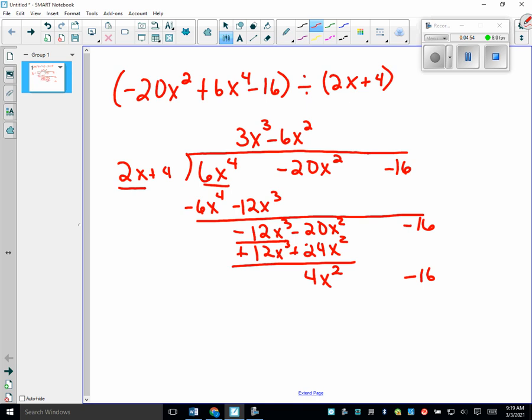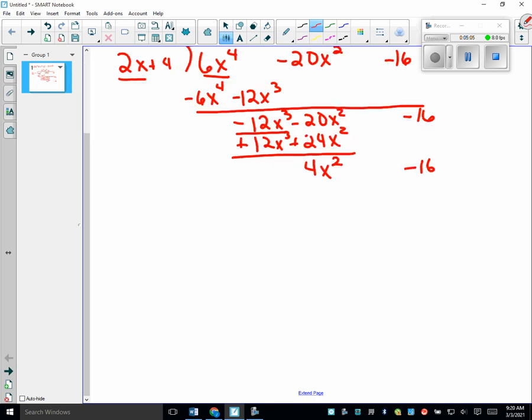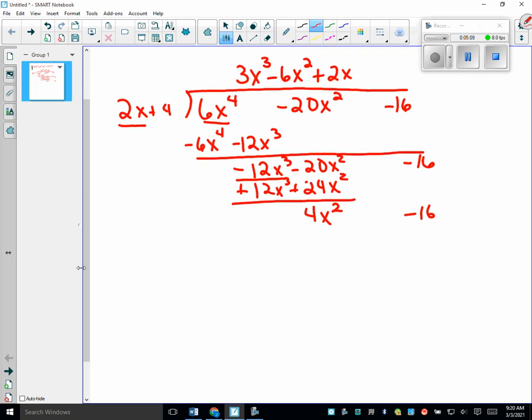Okay, what do I multiply 2x by to get 4x squared? 2x? And it's a plus 2x, isn't it? Okay. So I have 2x times 4 is 8x. 2x times 2x, 4x squared. Now what? Change the signs and add.